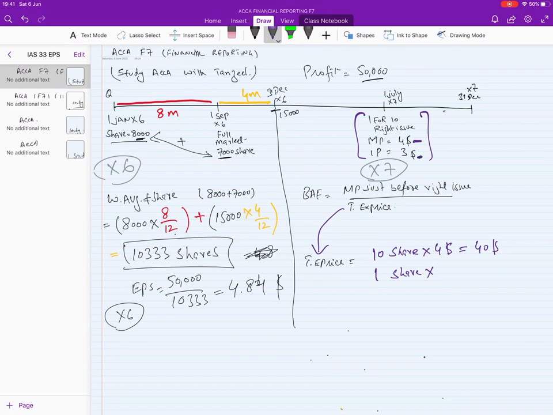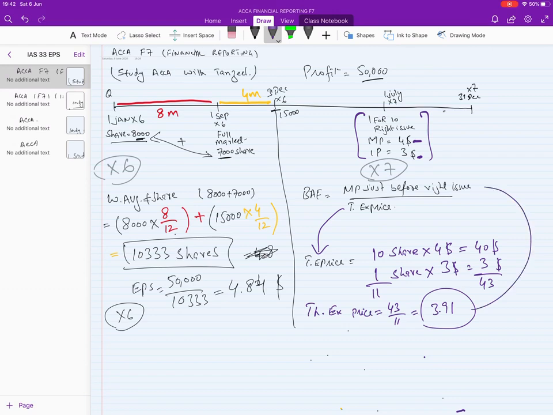So the total number of shares is 11 and the total cost is 43. If you divide 43 by the total number of shares, it gives you 3.91.